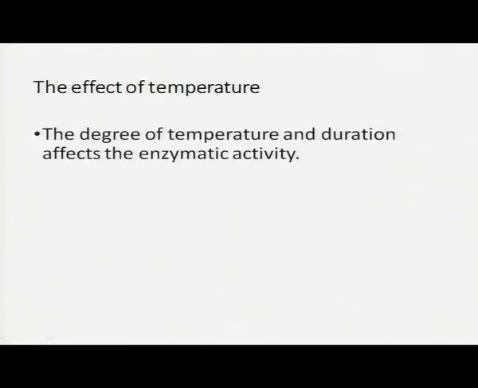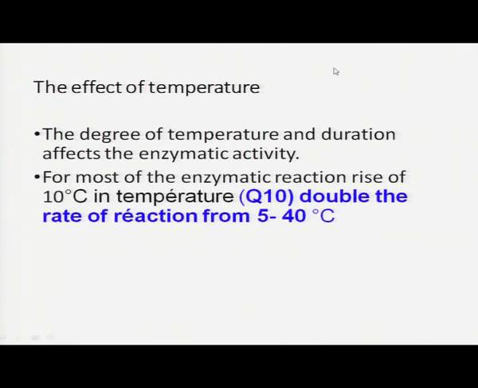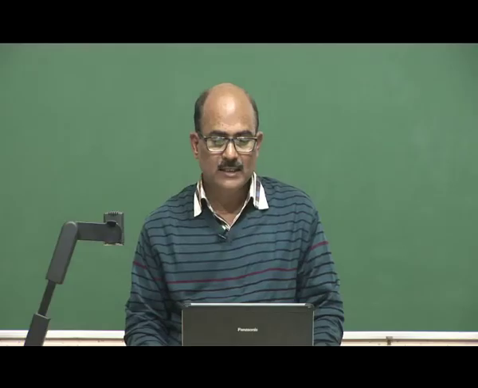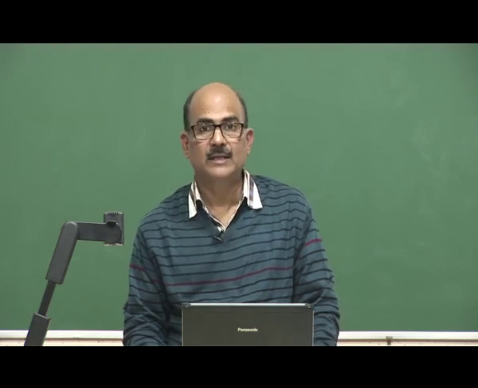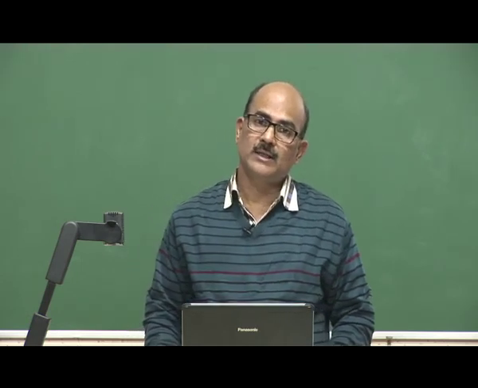The degree of temperature and its duration affect the enzyme activity. It is very important for most enzymatic reactions: a rise of 10 degrees centigrade in temperature, that is called Q10, doubles the rate of enzymatic reaction at about 5 to 40 degrees centigrade.